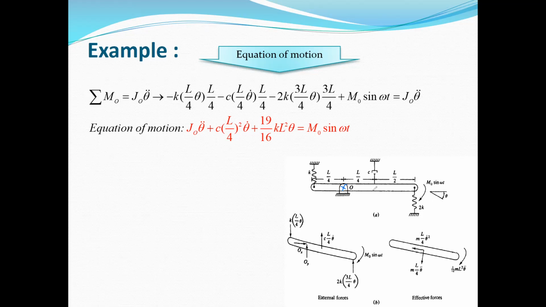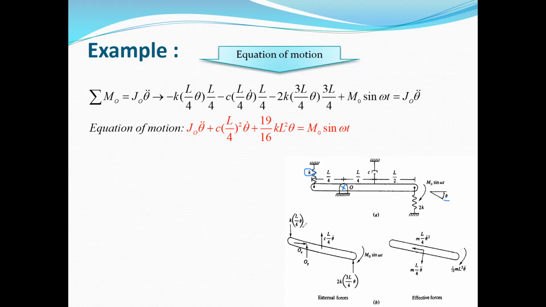So we can assume that this bar is moving in theta direction, in clockwise direction. When it's rotating in clockwise direction, the force in this spring, in this K, will be in this direction.